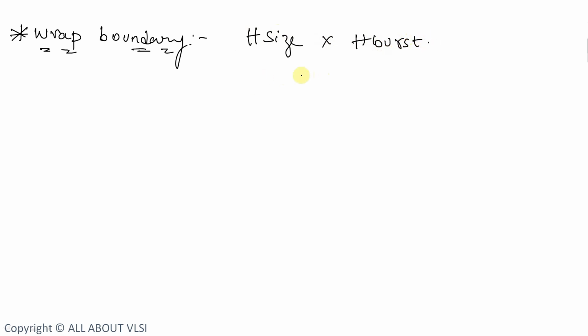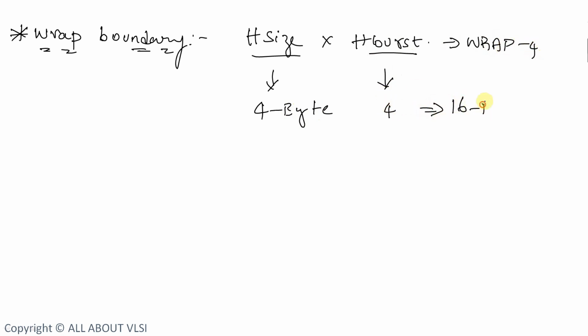In our particular example, in our development of the code, we are considering this HSIZE as 4 bytes and our HBURST can vary. Let's say our HBURST is WRAP4, then the WRAP boundary is 16 bytes.